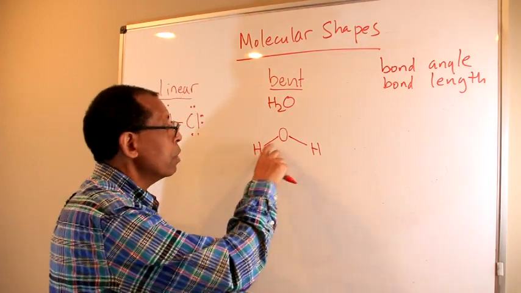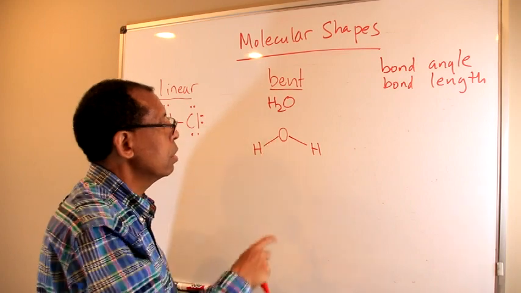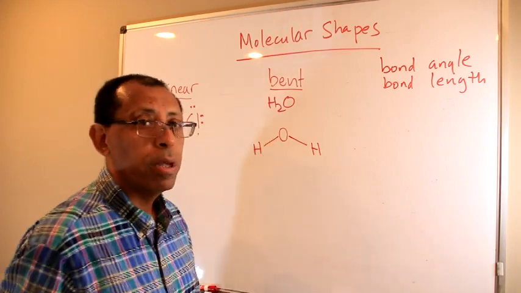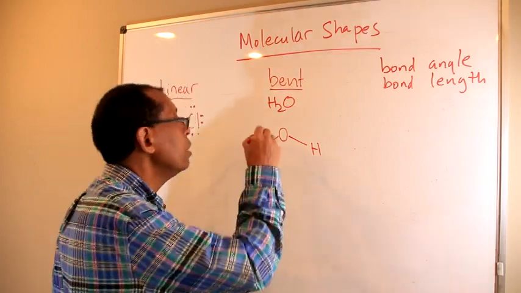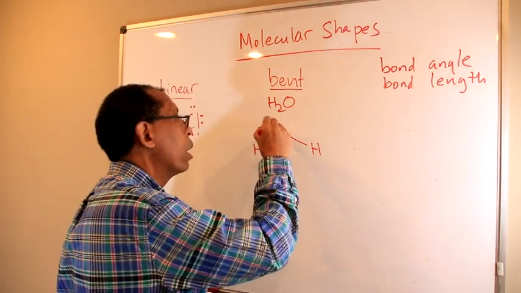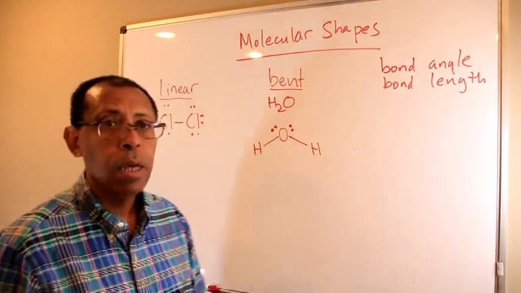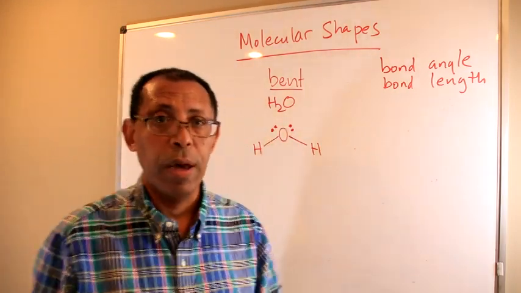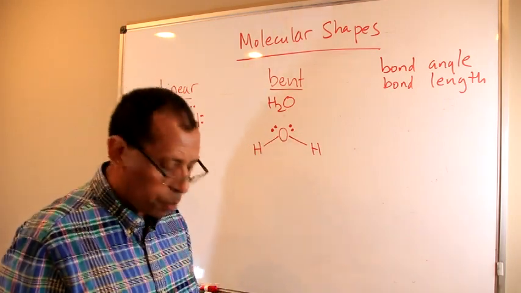Now, if you just count electrons around the oxygen, there are only 4, so there are 4 electrons remaining as lone pairs. So you have one pair and another pair. Now, if you just look at this, the octet rule is satisfied because there are 8 electrons around oxygen.